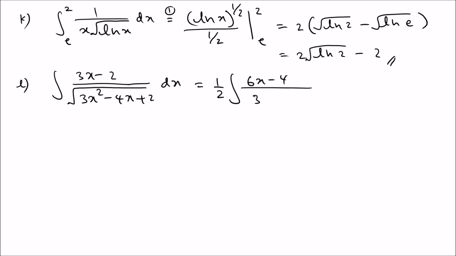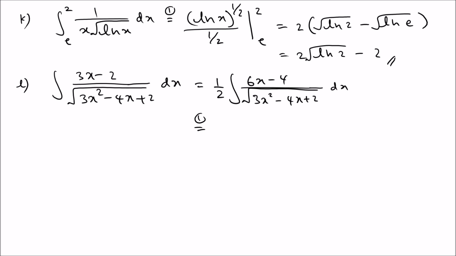So it is the integral of 6x minus 4 over the square root of 3x squared minus 4x plus 2, dx. And you can see now we can use the general power rule again, number 1, because this is the square root power, and the derivative is right here. 6x minus 4 is the derivative of that.